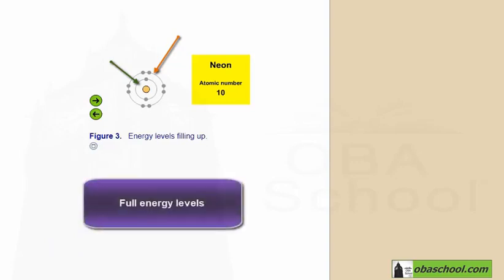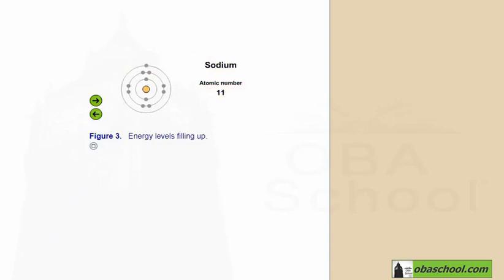Then in the case of any additional electrons, the electrons are consecutively placed in the third energy level, which is the case of sodium with 11 total electrons, 2 in the first, 8 in the second, and the 11th electron in the third and outermost shell. Next, check magnesium, aluminum, silicon, phosphorus, sulfur, chlorine, argon.